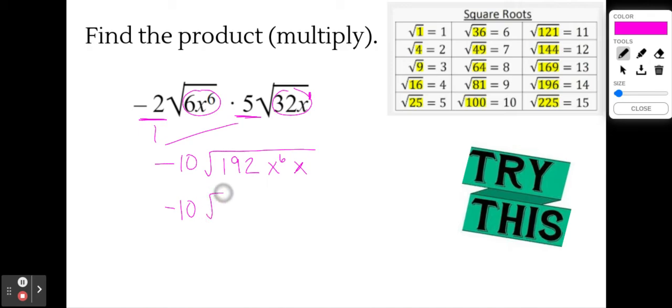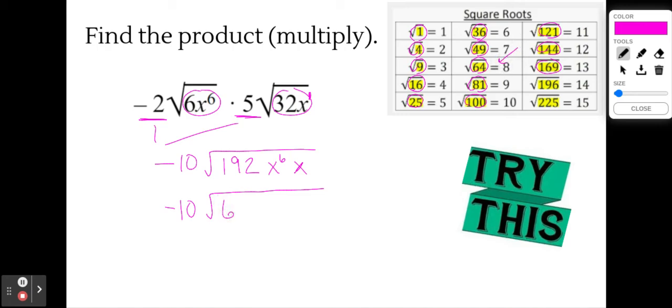Now let's factor 192 the way that we want to. So look at all the numbers less than 192. So we're going to look at all of these in yellow. What is the greatest perfect square that it's divisible by? So take your calculator, say, what can I divide 192 by? And you're going to find that it's 64.